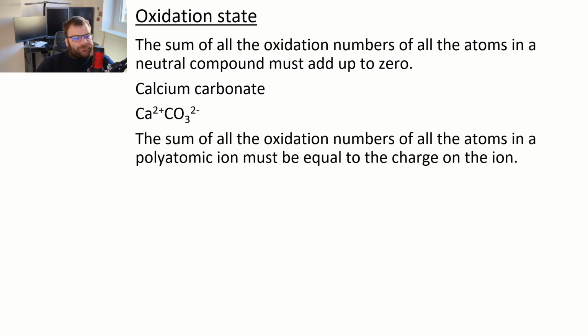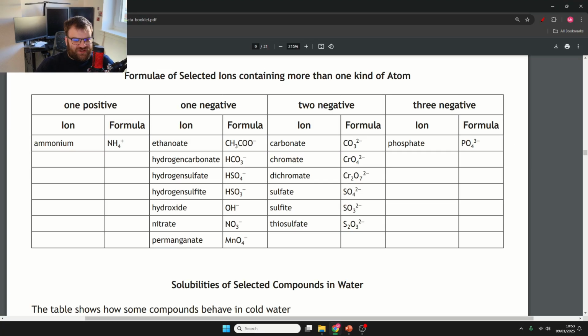If you have a polyatomic ion, that's the ones that you find on page 9 of the data booklet. These ones show the overall value that came as a result of the different atoms that are present within it. So for example, carbon is going to be 4+. Each oxygen is O2-.